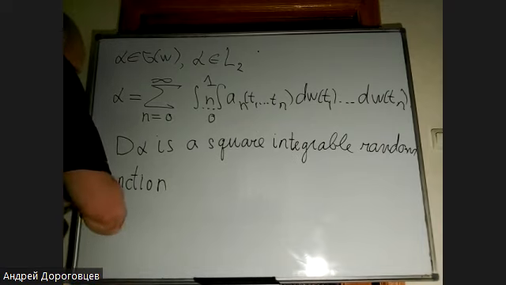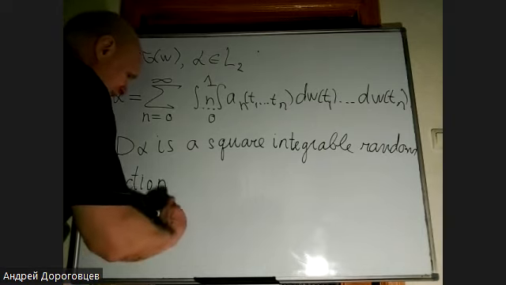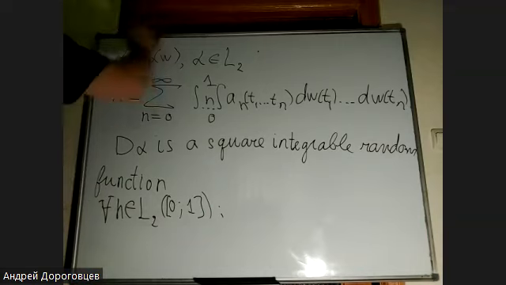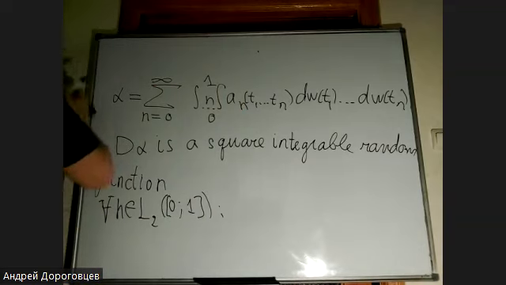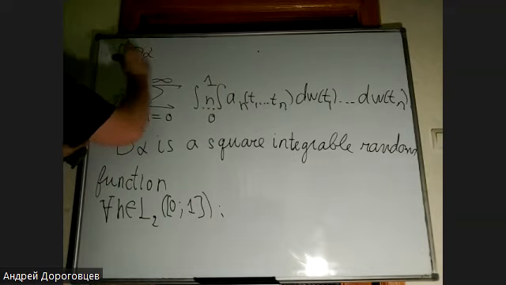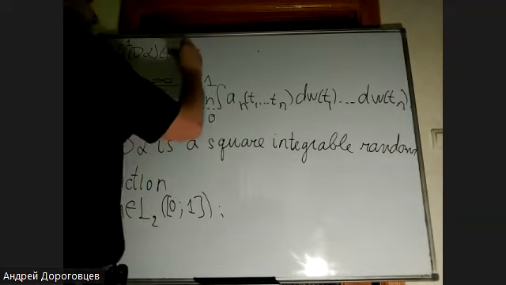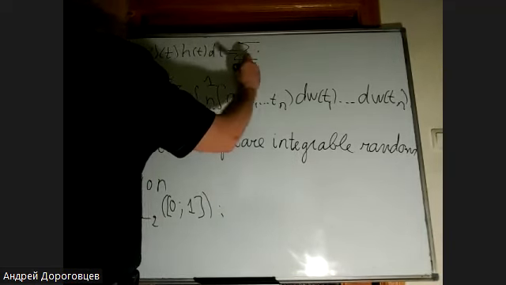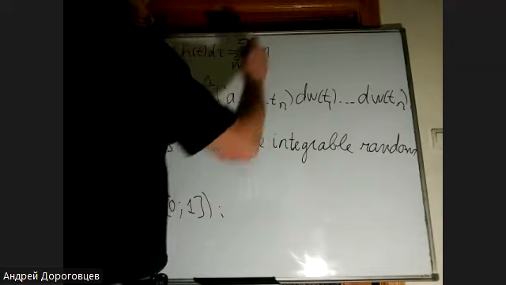And now, for any h which belongs to L2 of 0,1, we must have the following equality: the integral from 0 to 1 of d alpha t, I will put here additional brackets, d alpha t h t dt must be equal to the sum n equals 0 to infinity, and here what we will have? Of course, we will have a multiplier n.